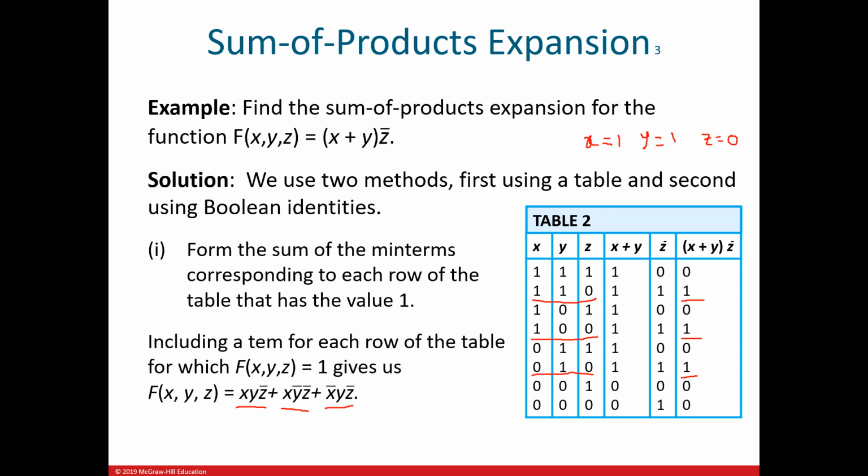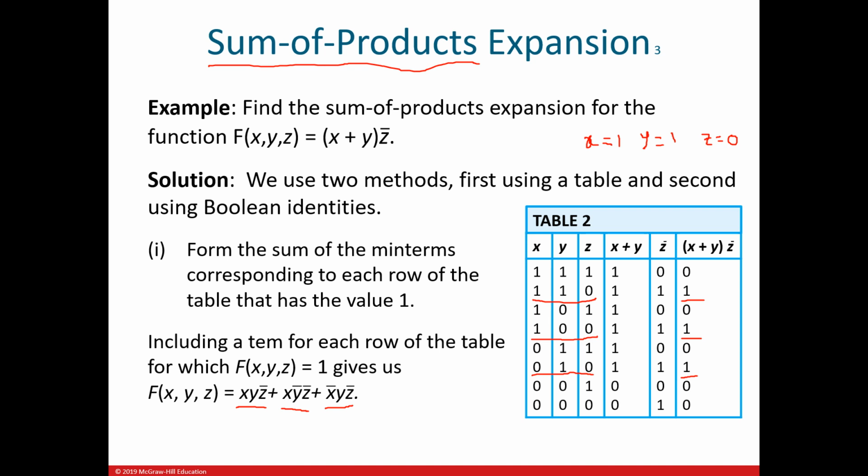This is also called the sum of products method, because we are finding the number of ones and then expressing those different values of x, y, z as a sum of the individual products. So we found the three rows.